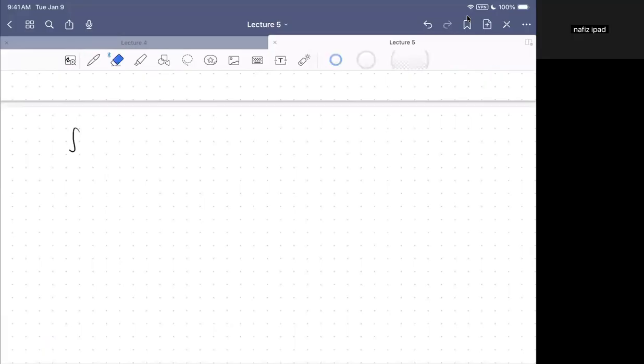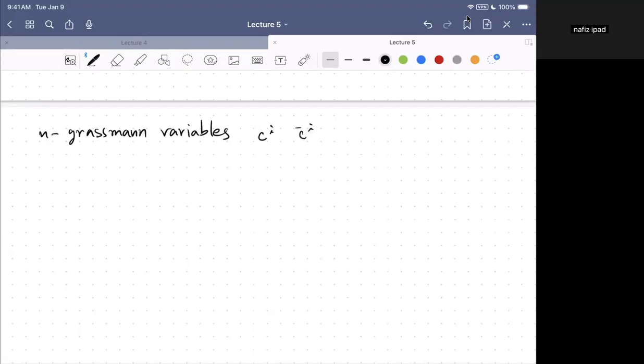If you have n fermions or n Grassmann variables, let's call them C_i and C bar_i, where i goes from 1 to n, then you have the following formula.